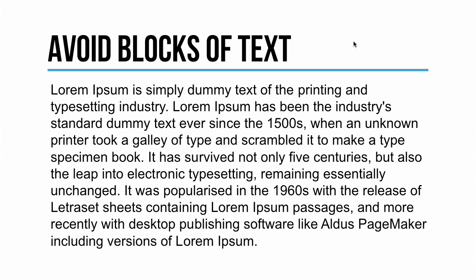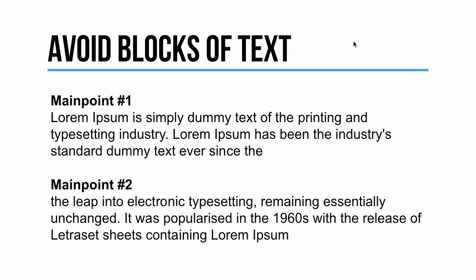And that's because this chunk just looks like a lot of work. And it looks like it would take a lot of effort to read. Whereas these smaller paragraphs with subheadings above them looks much more approachable. And this also serves 2 purposes because it also helps us appeal to the 2 readership paths, the quick readers that read the subheadlines and the long readers that read all the text.